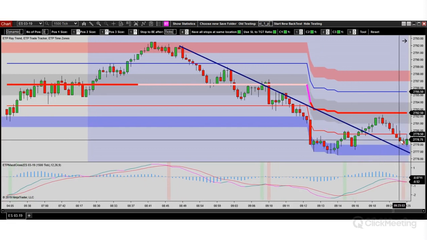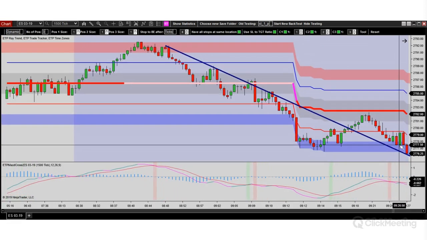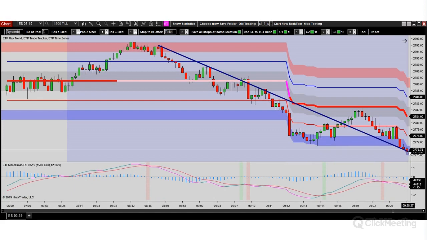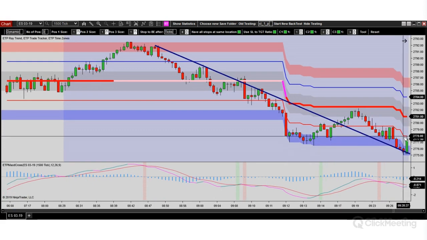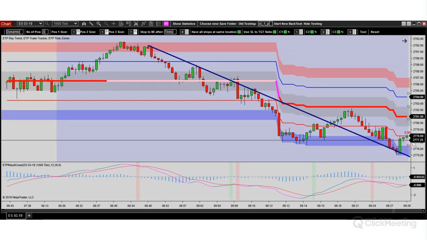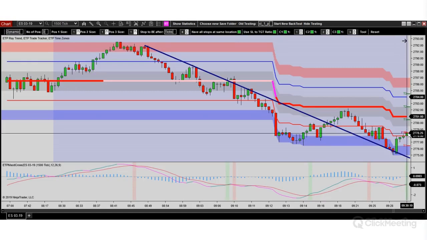And price needs to come back down, touch the trend line, and then we enter on a green bar. It has to be a green bar for entry. I see that Diane is typing, so we always have to have a green bar for entry. That's very important.